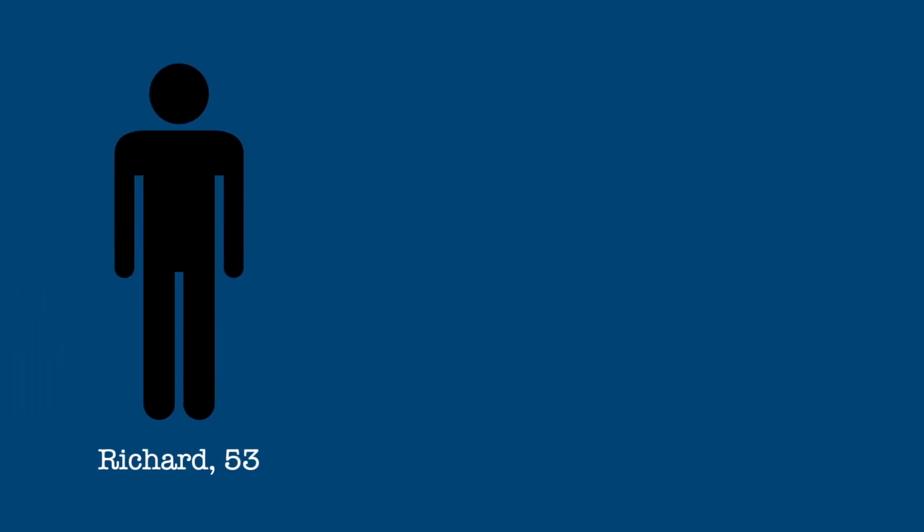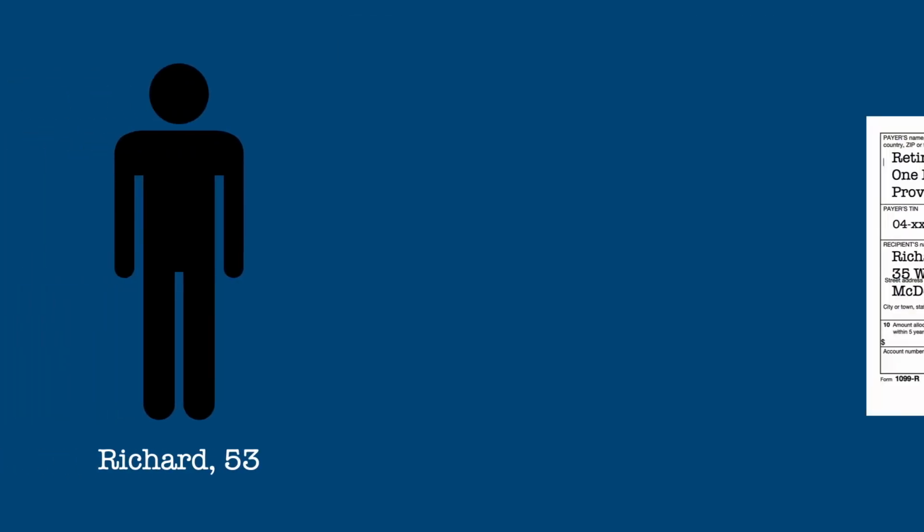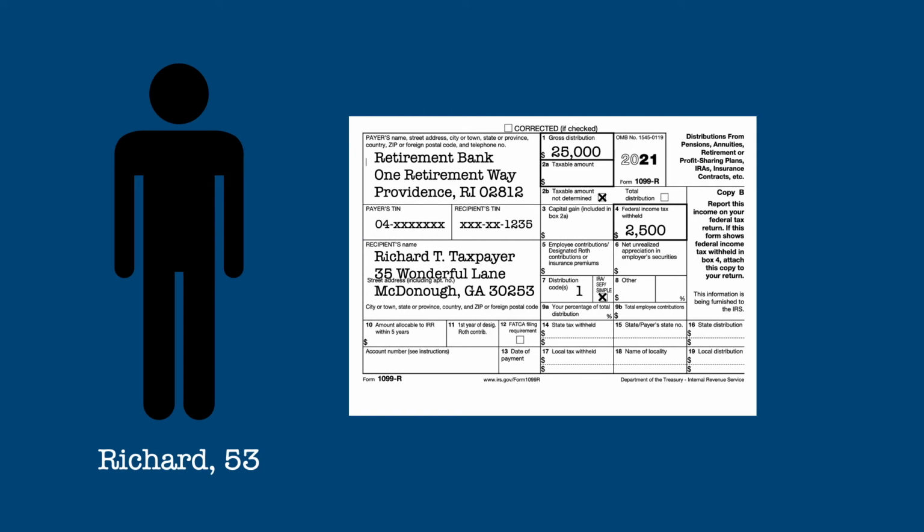Next, we have Tom's brother Richard. He has also made a $25,000 withdrawal from his IRA, but Richard is only 53. However, like Tom, he has never made any non-deductible contributions to his IRA. On Richard's 1099-R, the distribution code is 1, indicating an early distribution.